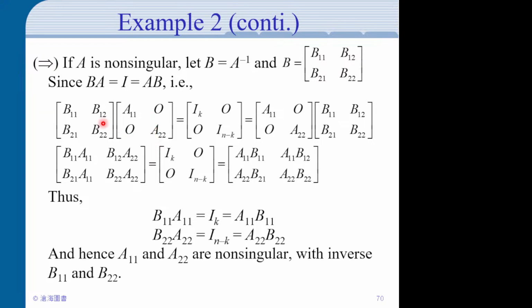Let's see what happens. This block matrix times your A should equal the identity.